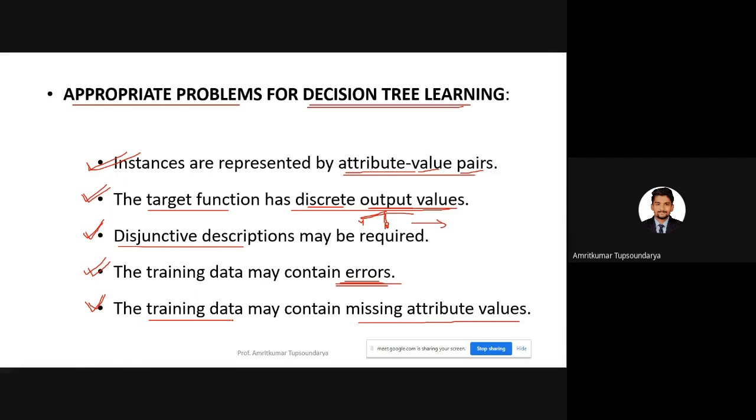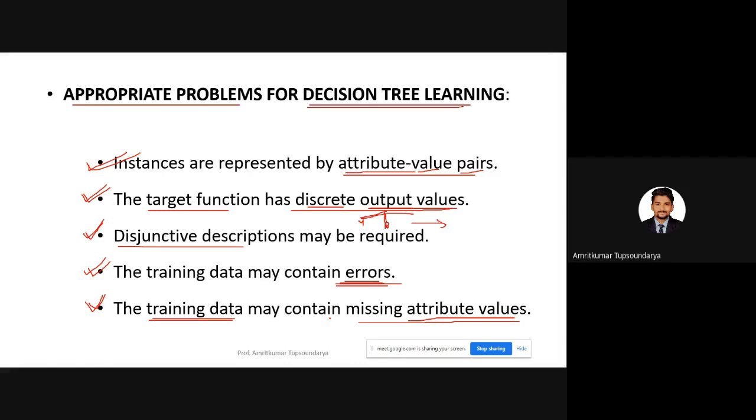The values for those attributes are missing, but we can still use these training examples under decision tree methods, unlike the candidate elimination algorithm and Find-S algorithm.